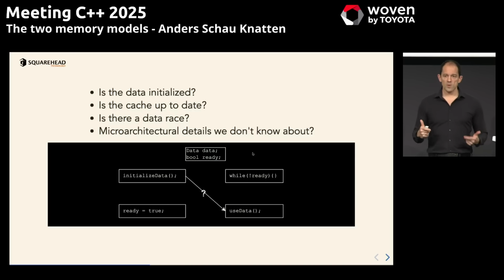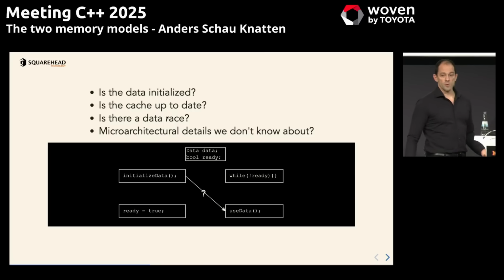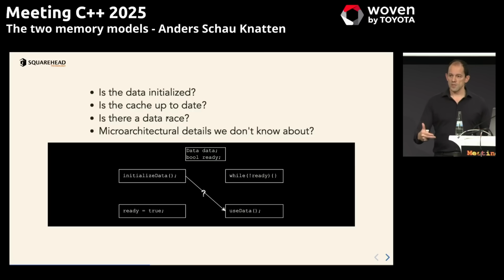And the question you have to ask yourself in C++ is, did one thing happen before the other thing? So what we're interested in is, did initialize data inter-thread happen before use data? That's the happens before relationship. So that's what the C++ memory model is all about. Does an expression evaluation happen before another one? Or is there a data race?